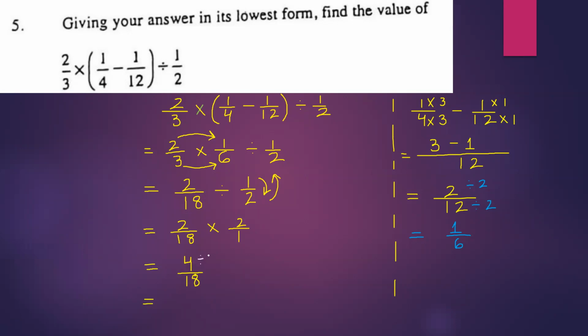How many times does 2 go into 4? Twice. How many times does 2 go into 18? 9 times. So the answer is 2 over 9. Okay.